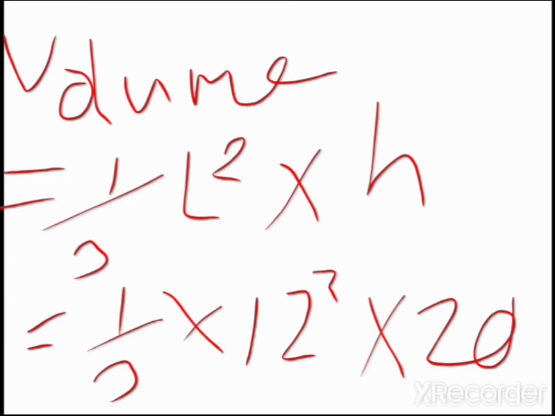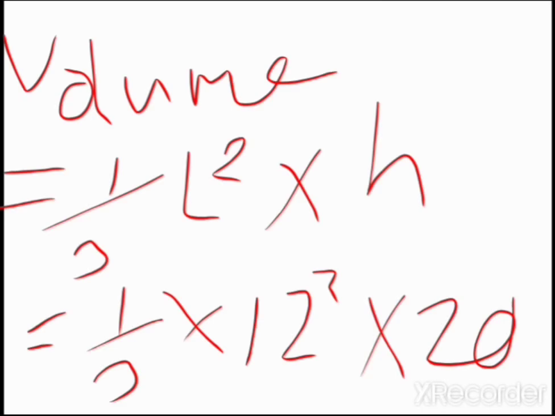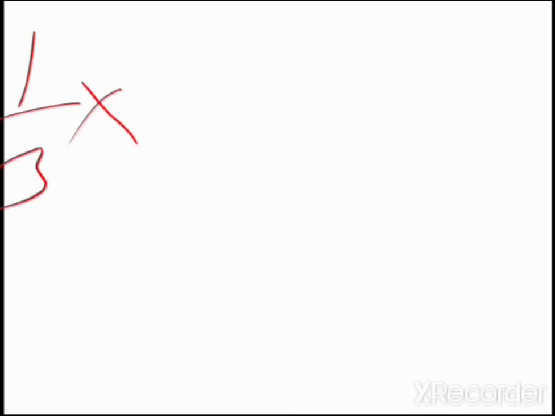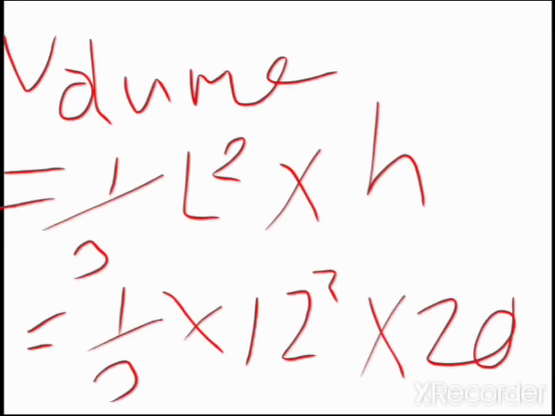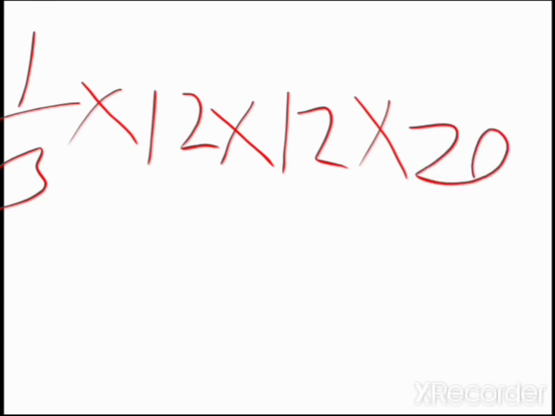So what we simply have is the volume of this pyramid is equal to 1/3 times 12 square, which is the same thing as 12 times 12, then times the height, which was 20.